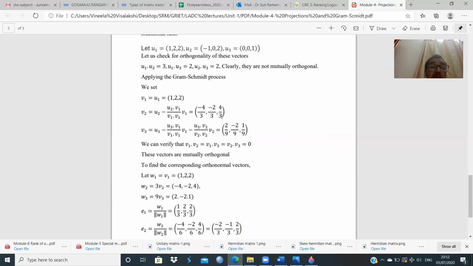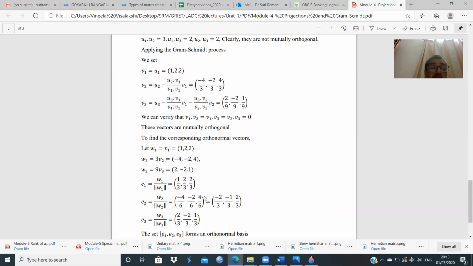So let us call w2 as 3 times v2 and build the vector (-4, -2, 4). Similarly, the vector v3 has fractional components with 9 as a common denominator. So let us construct w3 as 9 times v3 and we get (2, -2, 1).